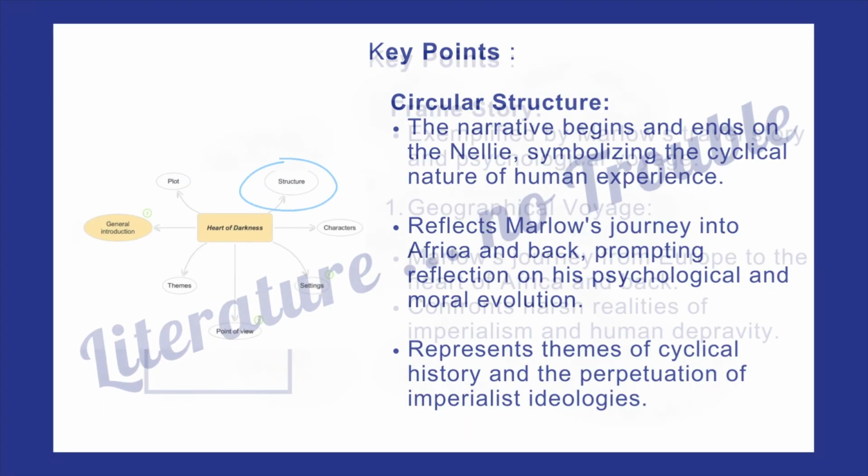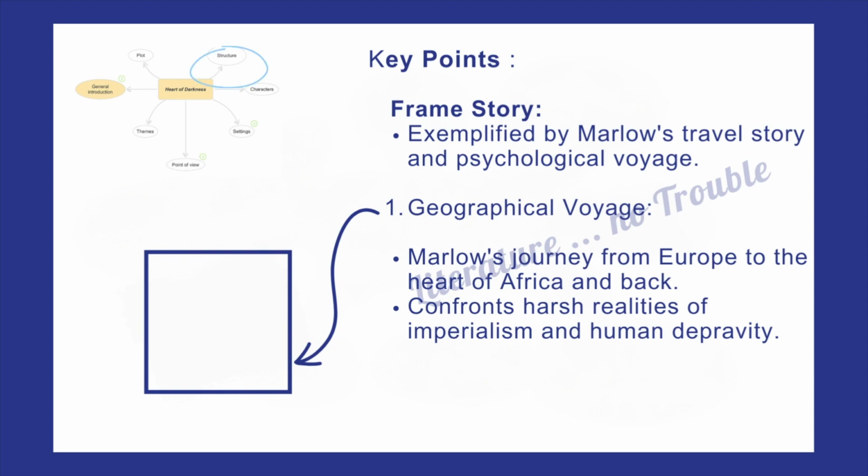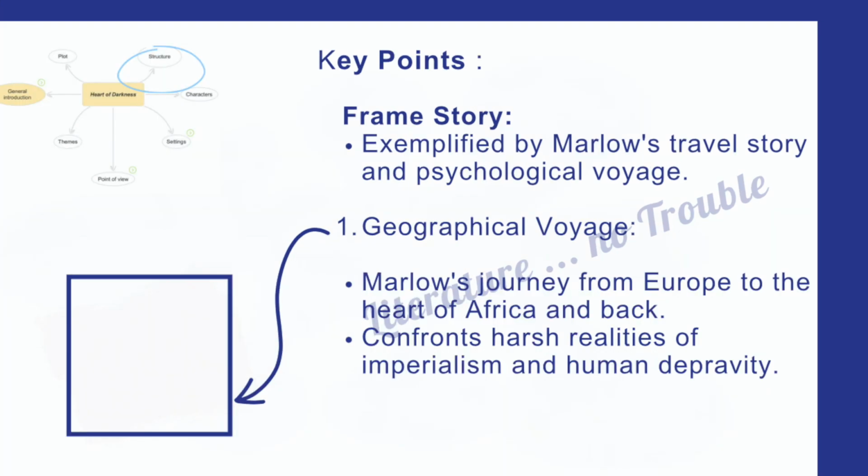But there's more. Conrad uses another structure, the frame story. The frame story traces Marlowe's dual journey, a physical and a psychological voyage. We are first presented with Marlowe's geographical voyage on the River Congo searching for Kurtz.